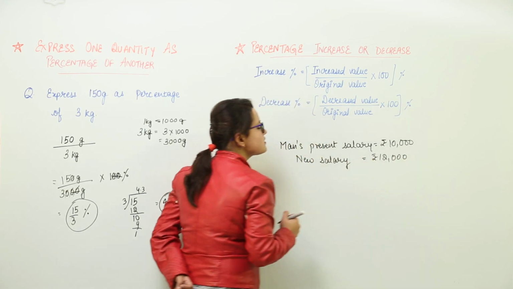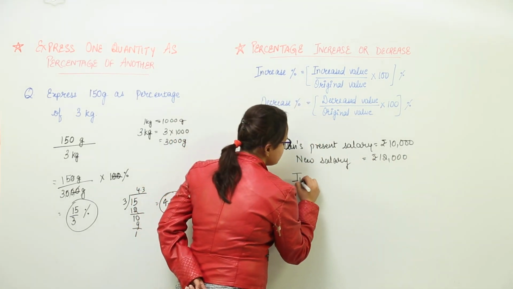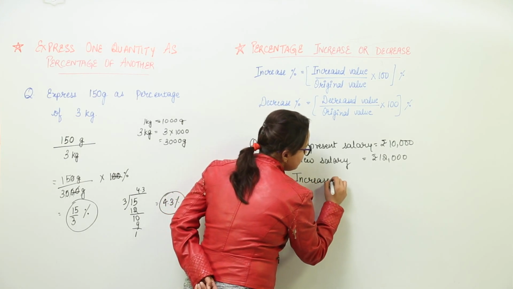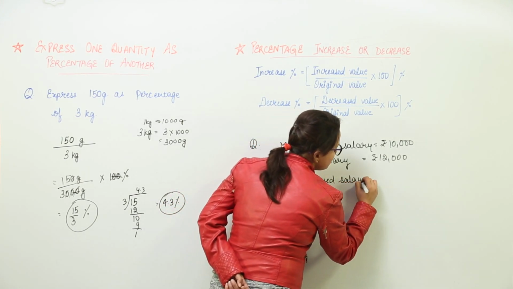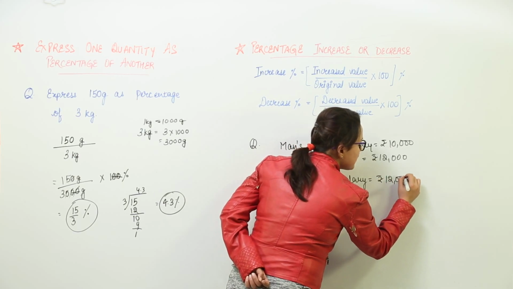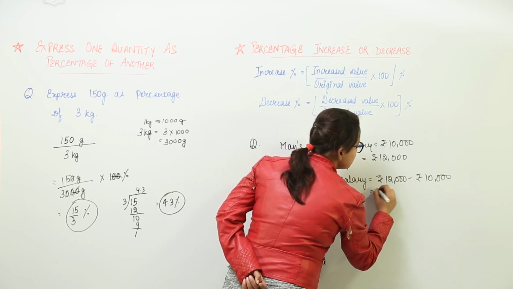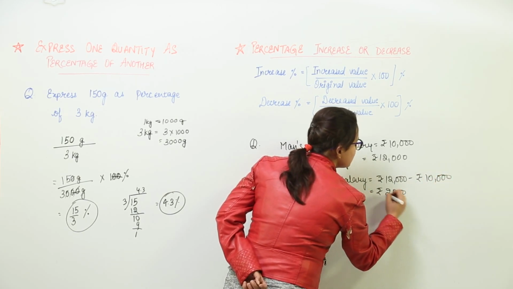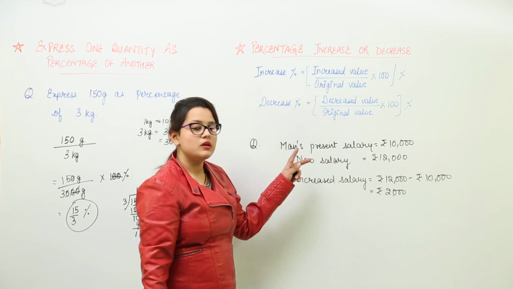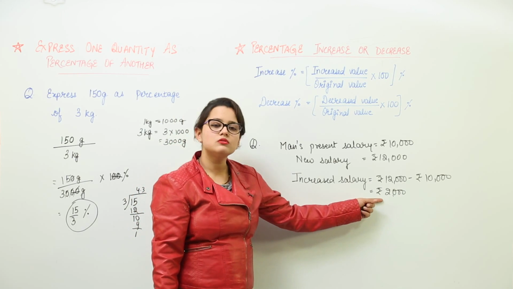Now if I ask you how much salary has been increased, you will find out the increased salary, that will be equal to the difference of both, that is rupees 12,000 minus rupees 10,000, and that will be equal to rupees 2,000.